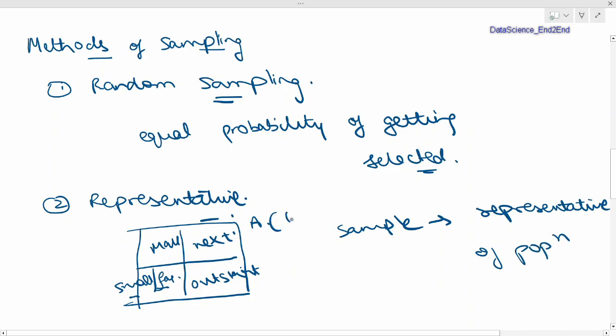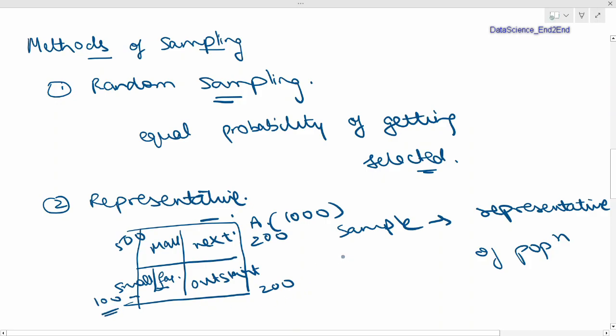Suppose there are a total of 1,000 shops in your locality. Malls have 500 shops, the shops next to your house are also 500, the outskirts shops are 200, and the shops at far off places are only 100.